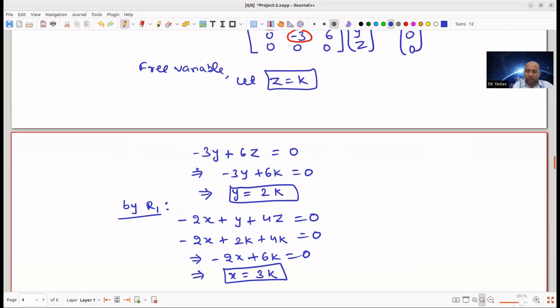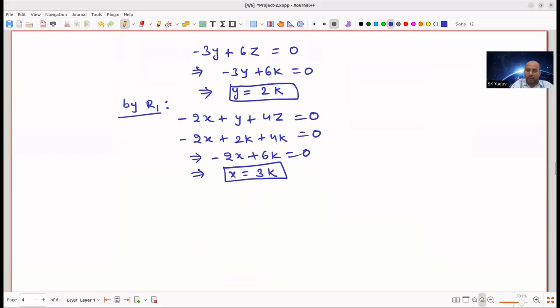So I got the vector x3 also, and this implies x3 vector is x, y, z, which is k here, 2k here, and 3k here.